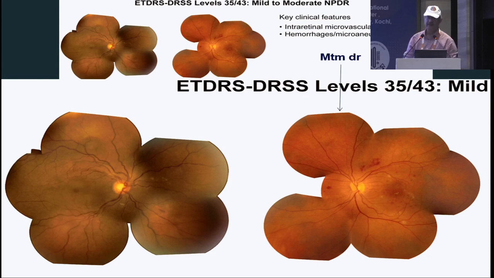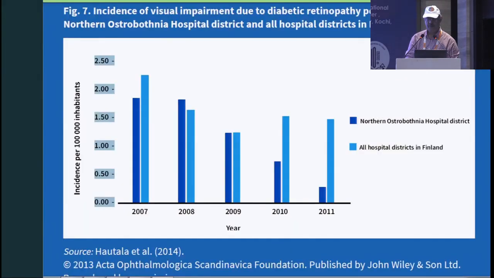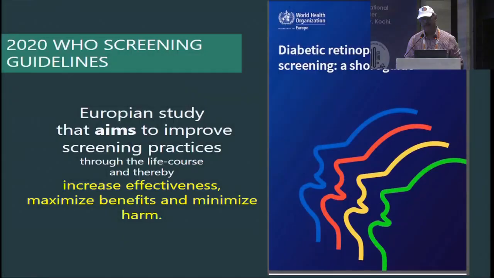So if we relax our feature from VTDR to MTDR, then our pick rate will become very easy. Our training will become very easy also. What has been shown is that if we do a screening of diabetic retinopathy, then preventable blindness or the blindness induced problems will go down significantly.